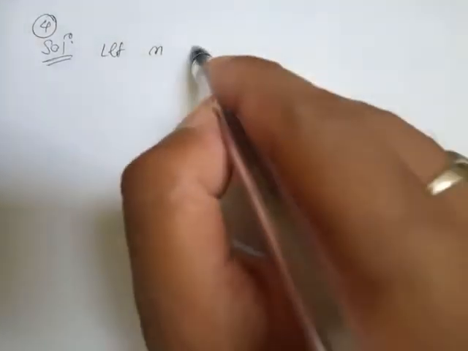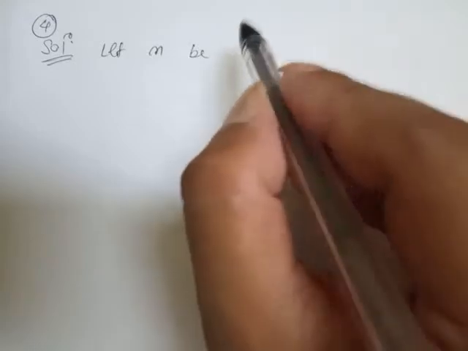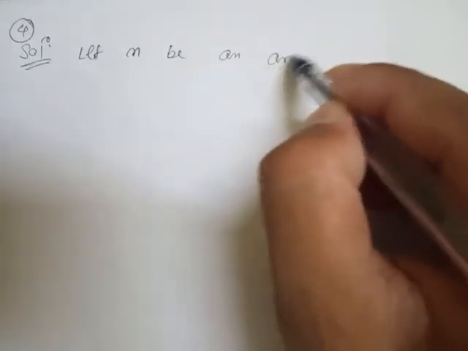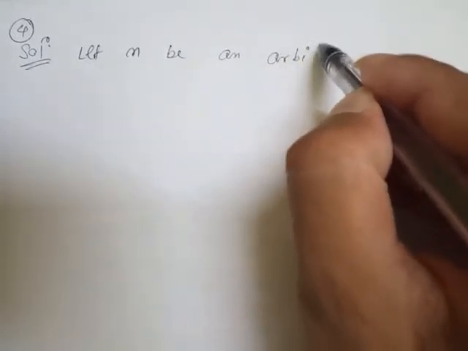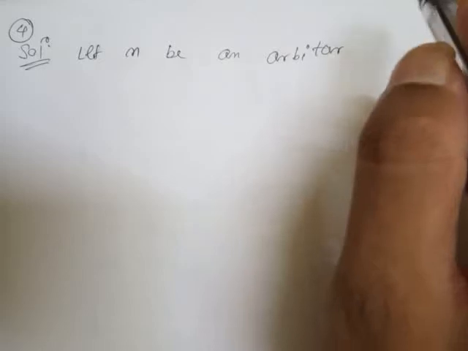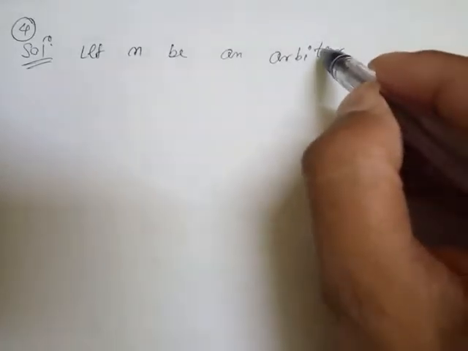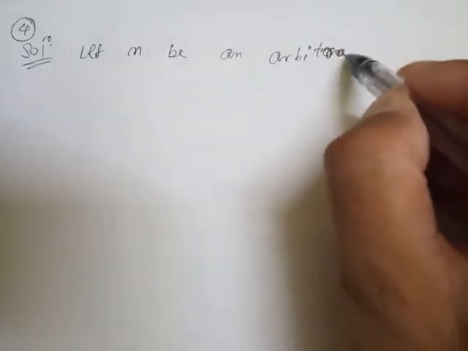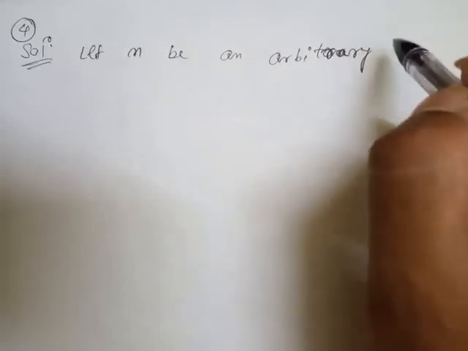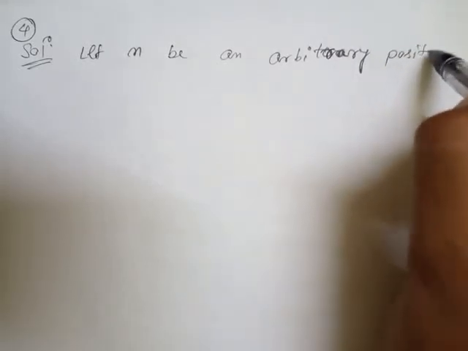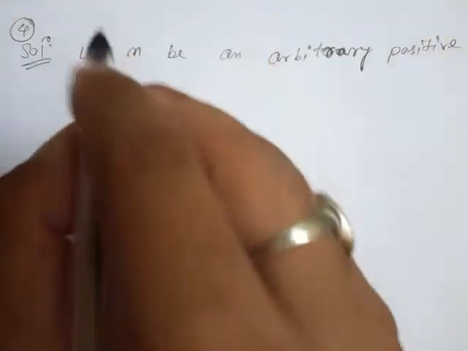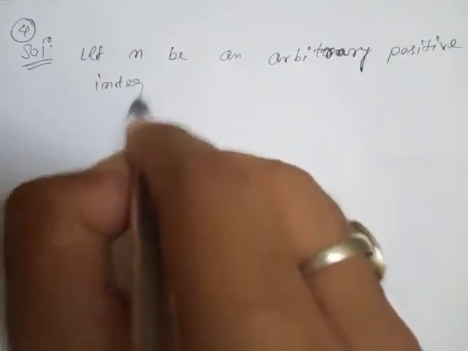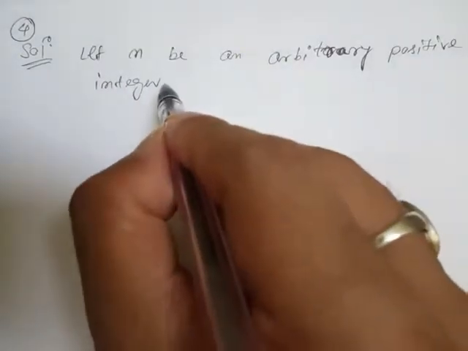Let n, small n, be an arbitrary positive integer. Now look here, what is the meaning of arbitrary here?